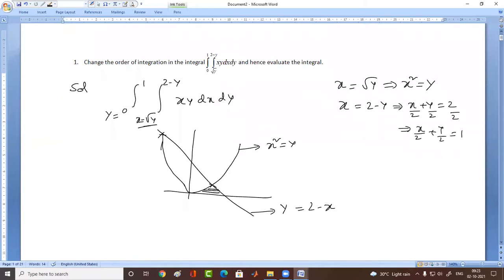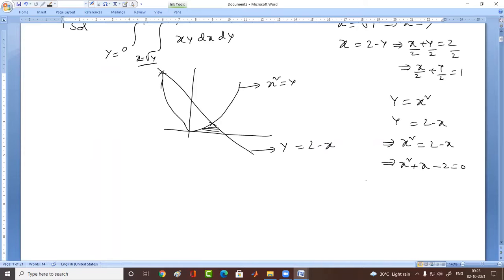Also find the points of intersection. For finding the points of intersection, y equals x square, and the other y is 2 minus x. If you equate these two, x square equals 2 minus x, so x square plus x minus 2 equals 0.